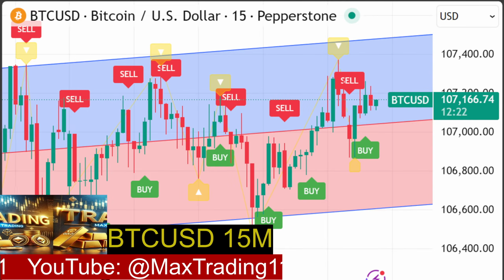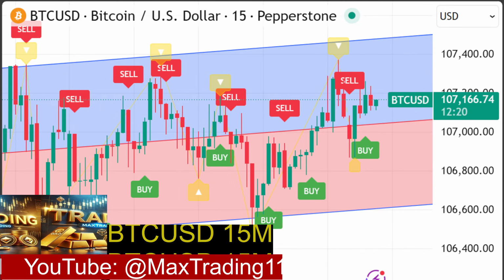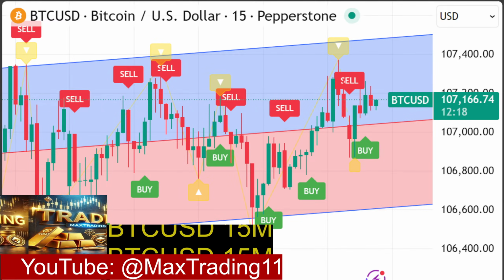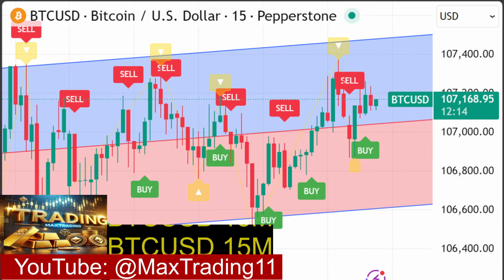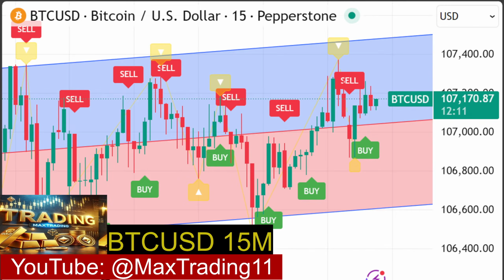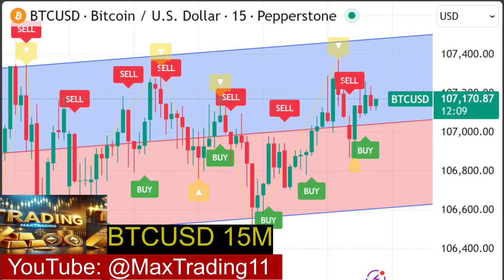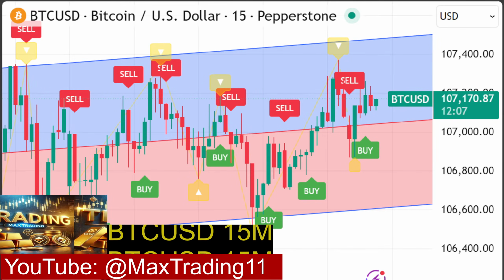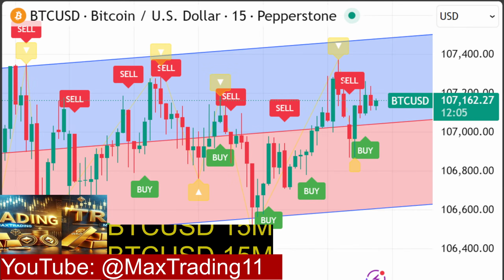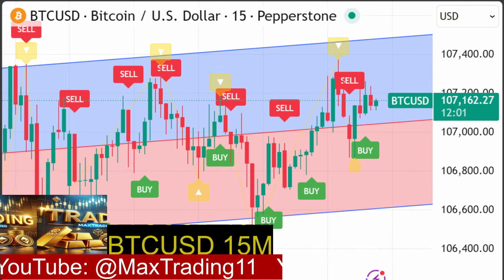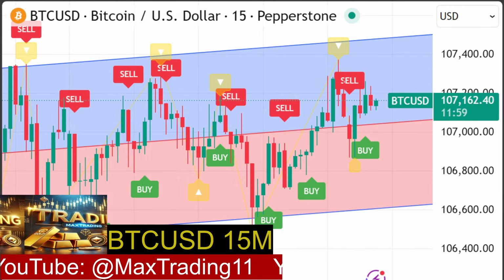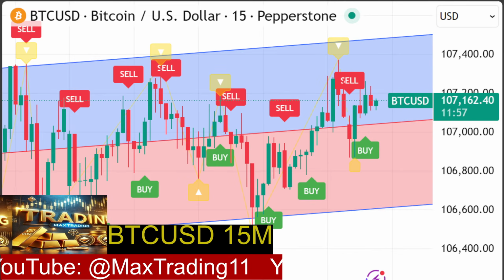Four: momentum indicators. Use RSI to spot divergence. When price makes a new high but RSI doesn't, it warns of potential weakness. The MACD helps confirm momentum shifts through histogram and signal line interactions. And the stochastic oscillator refines entries in ranging markets.